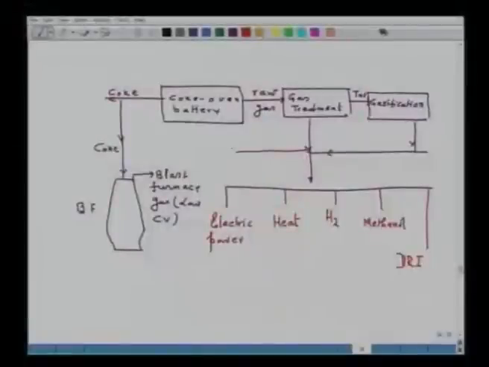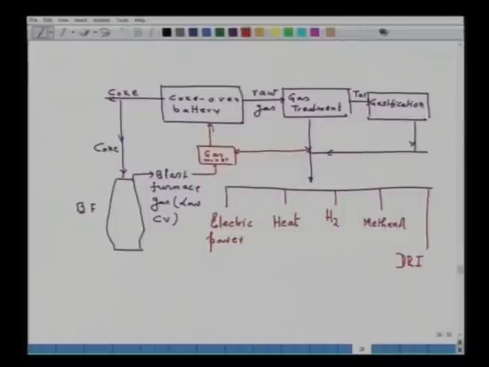Now, here part of the coke oven gas can also be mixed with the blast furnace gas. This is the gas mixer. Here the blast furnace gas and coke oven gas, both gases are mixed, and a mixture can be used for combustion purposes.